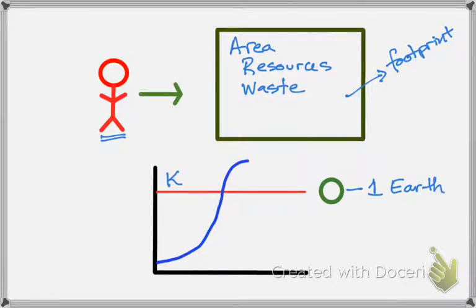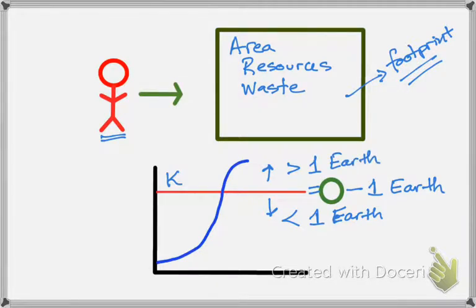If you add up all these footprints of all the populations of humans on the planet, and that is less than one Earth, then we're below the carrying capacity. If it's equal to one Earth, then we're at carrying capacity. And if it's above one Earth, then we are in overshoot.